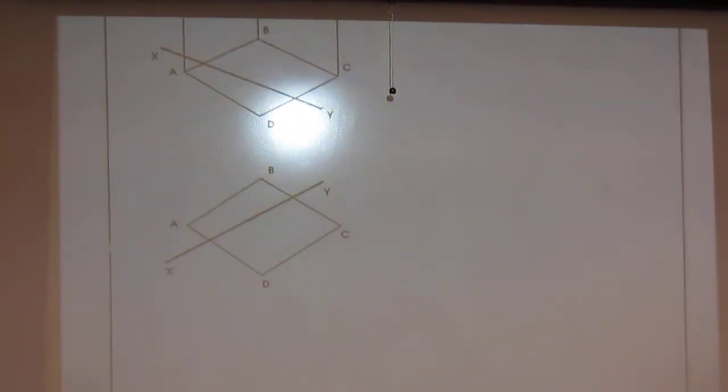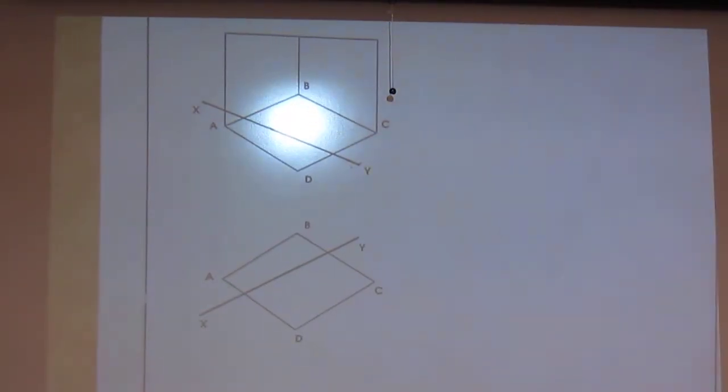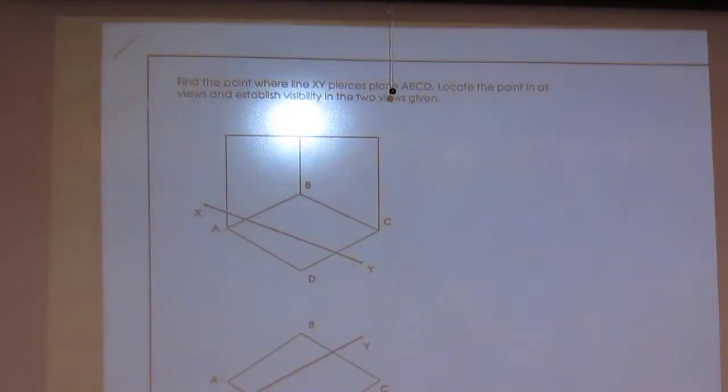The very first sheet, let's go there next. So when you're doing a plane, I'm going to read the instructions. Find a point where line XY pierces plane ABCD. Locate the point in all views, establish visibility in the two views.